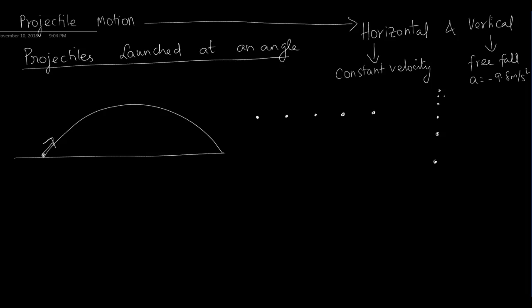Even though it comes back along the same vertical line, just to distinguish it for you, I'm going to redraw it like this. So it goes up and comes down as in free fall. If you combine these two motions, while it is going up and down, it is also being pushed horizontally at the same speed, you get a parabola like this. Therefore we have to analyze horizontal and vertical motion separately.